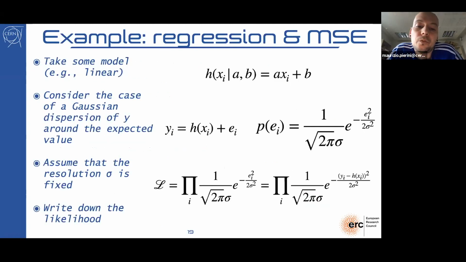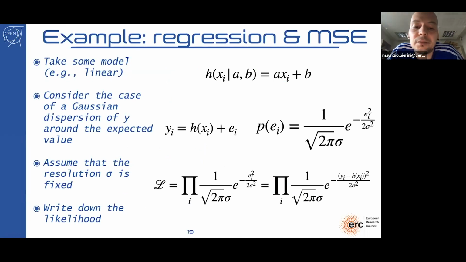And so you try to model this. You say that the relation between x and y is through some function h, which is that linear function on the top, plus some noise, which you describe as a Gaussian noise.